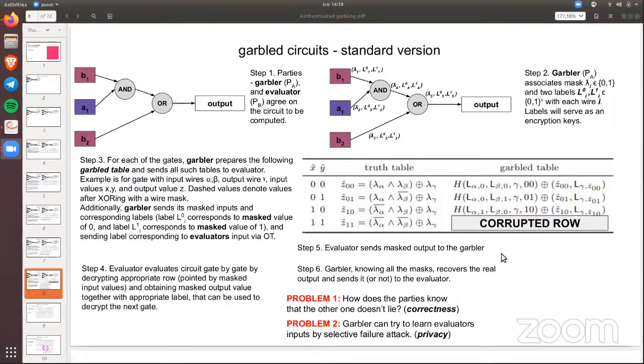This argument is a bit tricky because, well, one may ask, so why does the evaluator have to abort? Why can't he just pretend that everything is okay and send some random thing as the output of the circuit to the garbler?